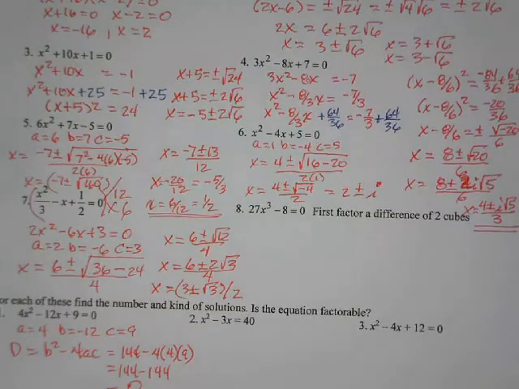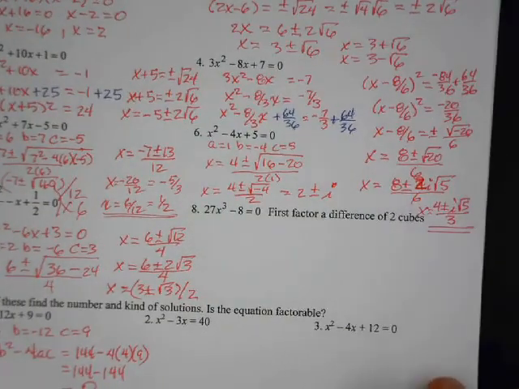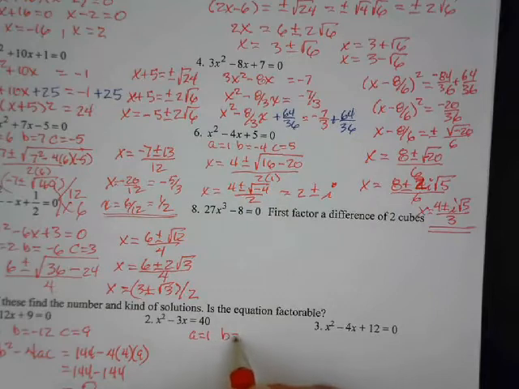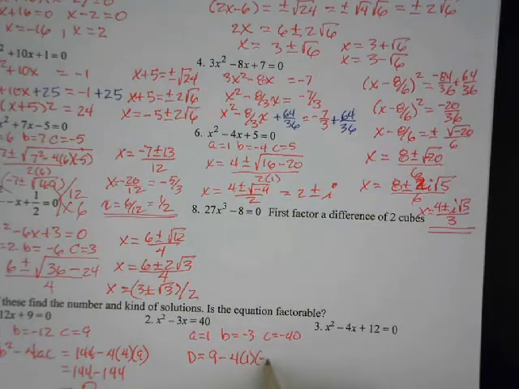Okay, in the second one, A equals 1, B equals -3, C equals -40. So D is going to equal 9 subtract 4 times 1 times -40. 4 times the -40 is -160. A negative sign makes it positive.